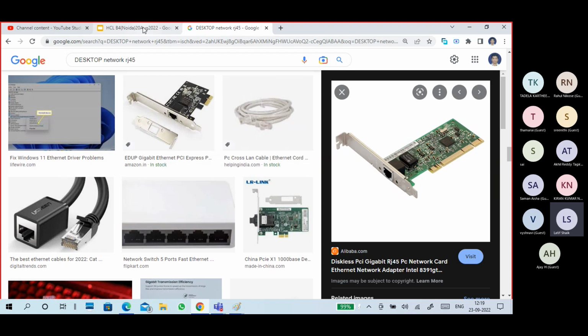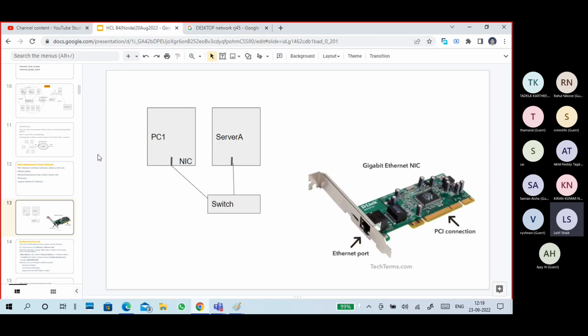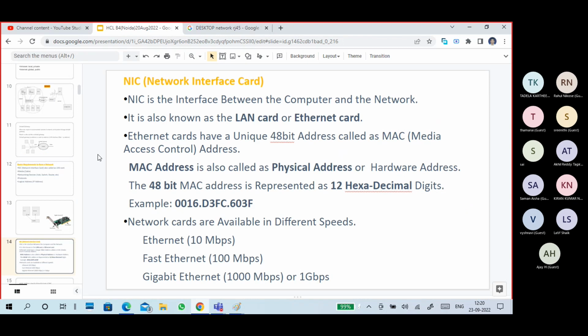So what is this? This is a NIC, network interface card, also called a LAN card or Ethernet card. Nowadays, we also use Wi-Fi cards, built into laptops or mobile phones, and USB Wi-Fi connectivity has also come. Whatever it is, it is an interface to the network.